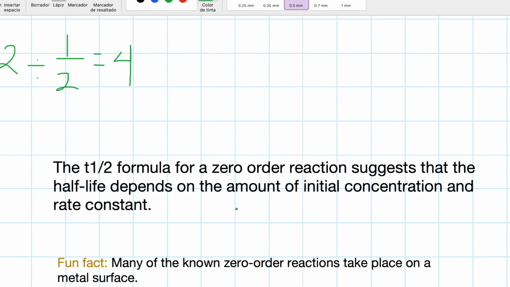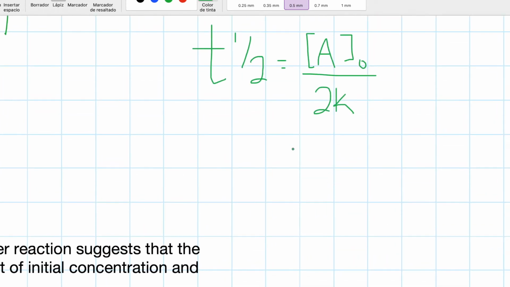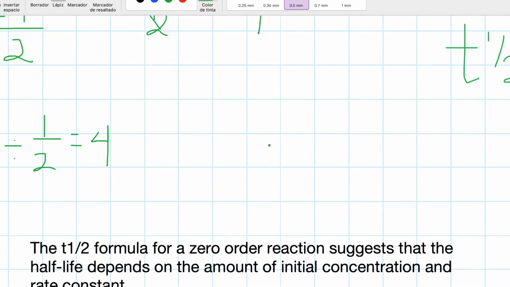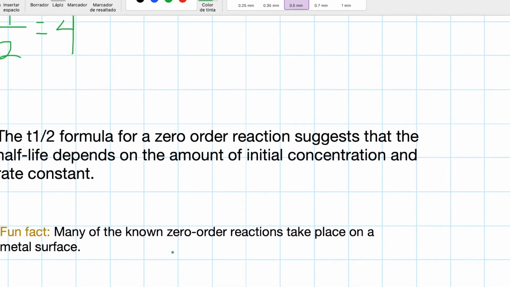As you can see, the t1/2 formula for a zero order reaction suggests that the half-life depends on the initial concentration and the rate constant. And a fun fact: many of the known zero order reactions take place on a metal surface.